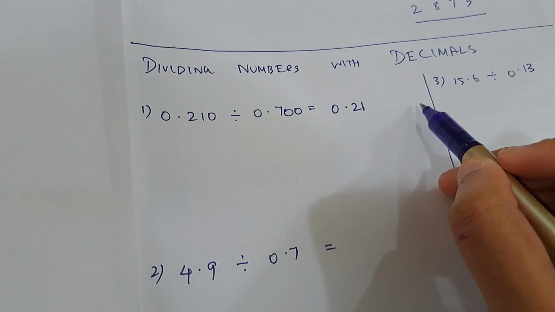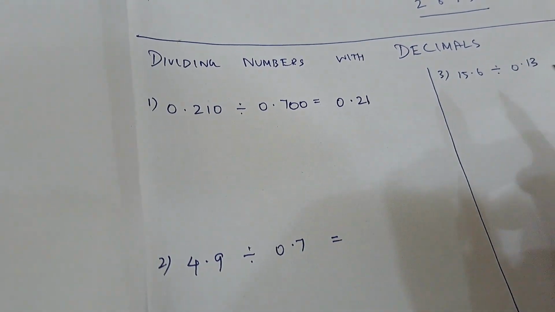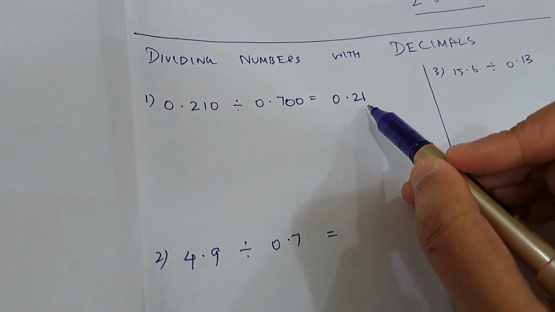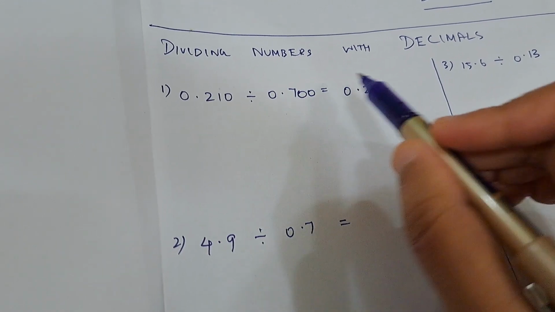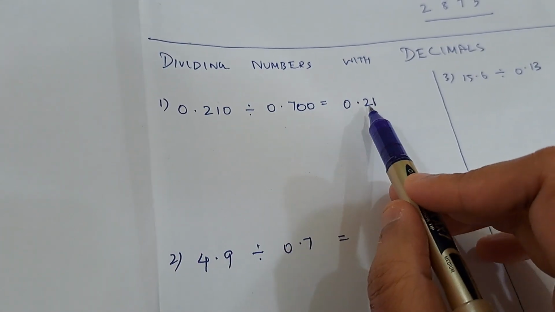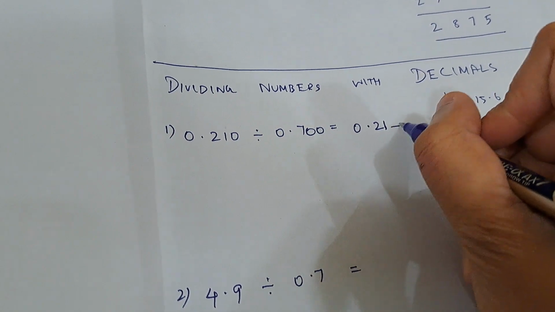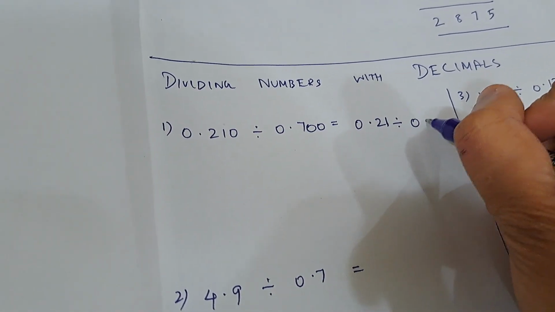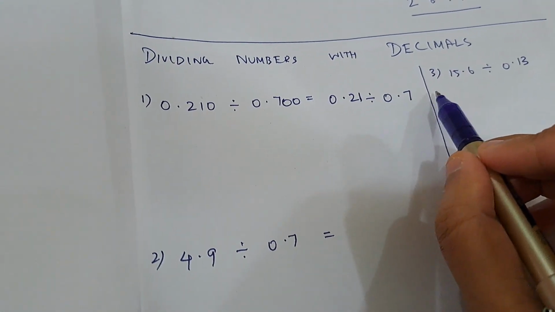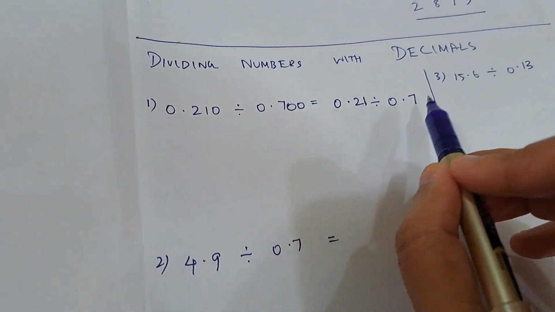I can write as many zeros as I want after this non-zero digit after the decimal point. It makes no difference. So 0.210 is the same as 0.21. I am rewriting the question, 0.21 divided by 0.7. So I am just omitting the zeros in the question.